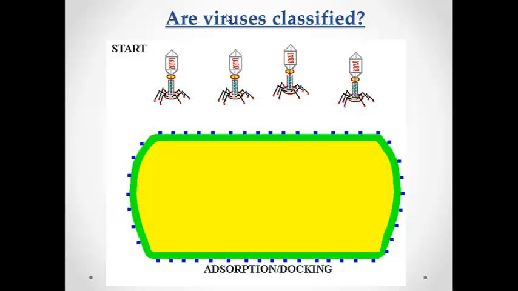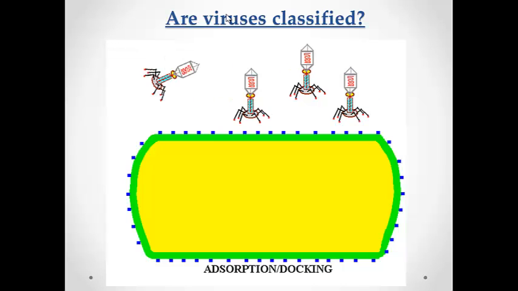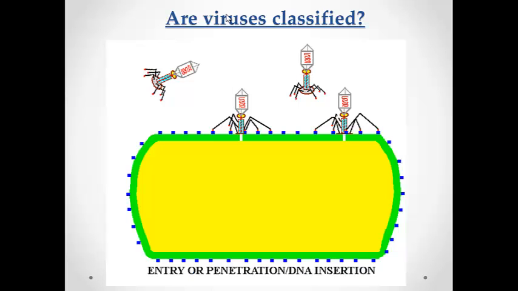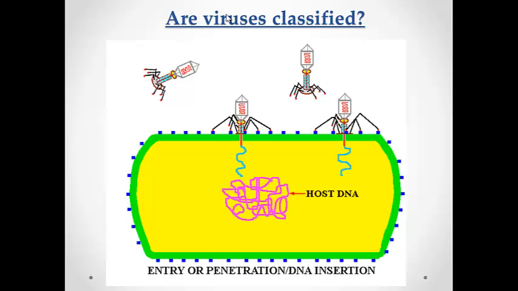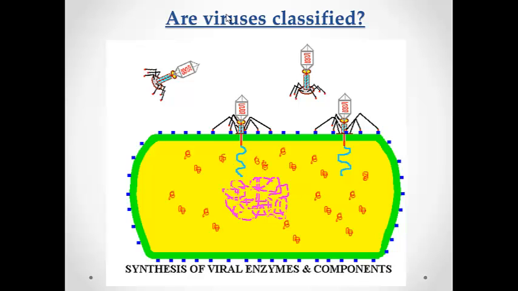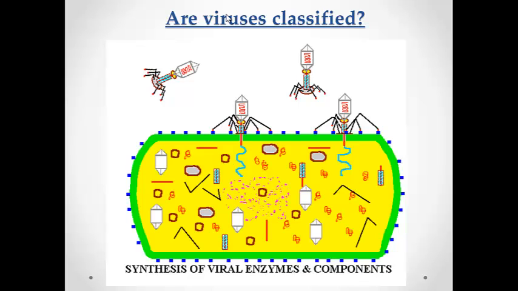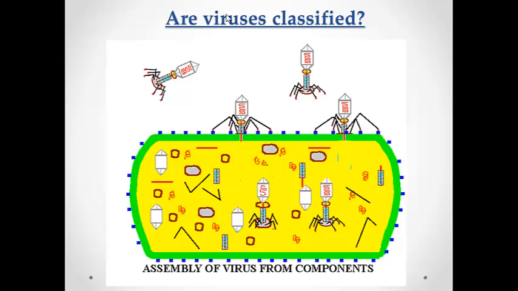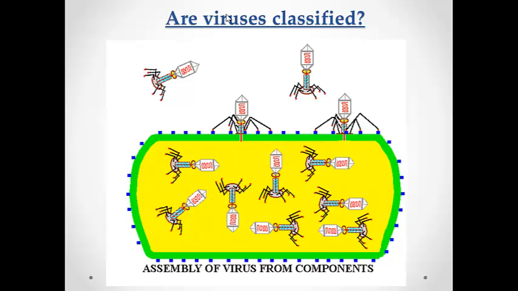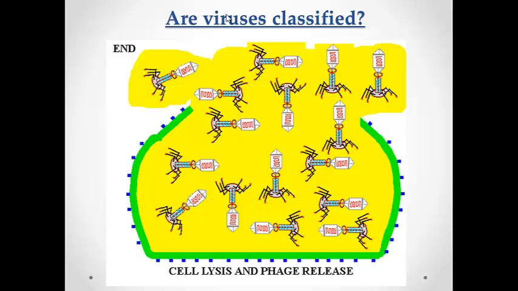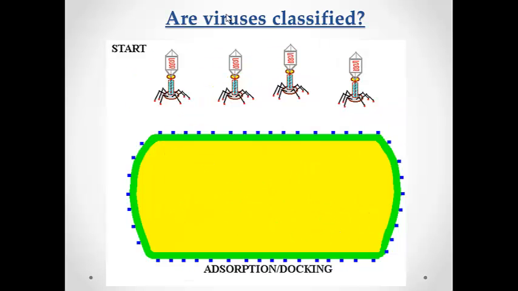Again, I'll let you see how they attack a host cell. This is absorption and docking. Entry or penetration and insertion. Synthesis of viral enzymes and components. And then assembly of virus from components. Then cell lysis and phage release. So then the cell breaks and releases those phages all throughout your body.